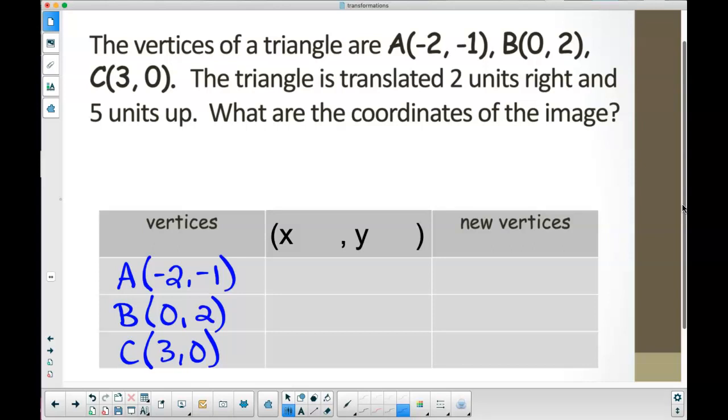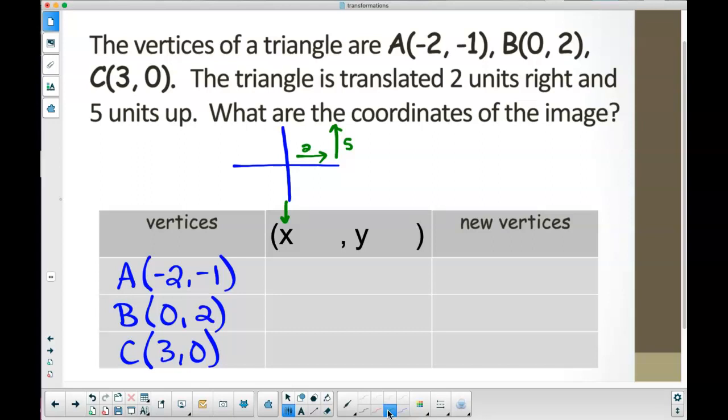Okay? Now, I'm going to take this triangle. If I were to graph it, it would be on that grid, and I want to move it 2 units to the right and 5 units up. When you move right or left, that's your X number. That's this first coordinate changing.